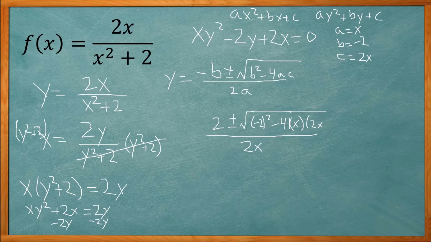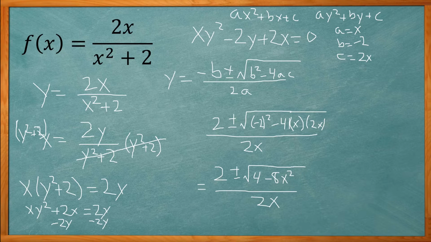And if I simplify this, negative 2 squared is 4, and negative 4 times x times 2x gives us minus 8x squared, and at the bottom 2x.